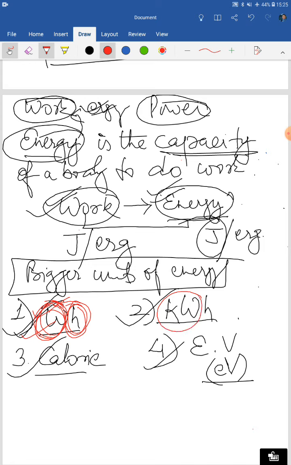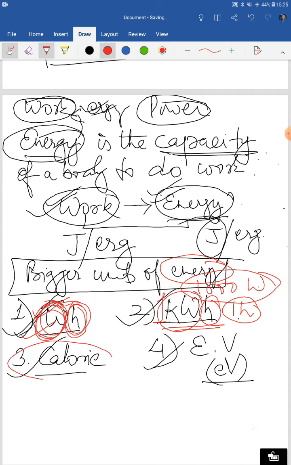Similarly, kilowatt भनेको चाहिँ 1000 watt in 1 hour. So if a source is spending 1000 watt in 1 hour, then the energy spent at that time is 1 kilowatt hour. Clear? Similarly, another one is calorie. This is the most commonly used unit to express heat energy actually.